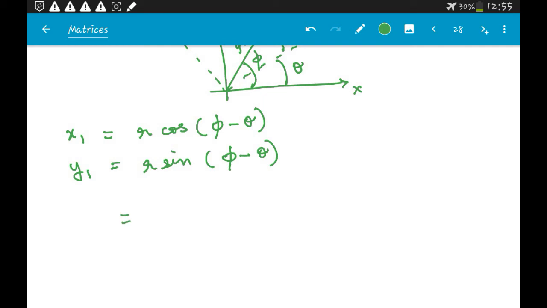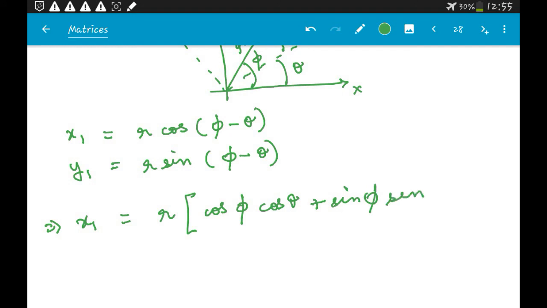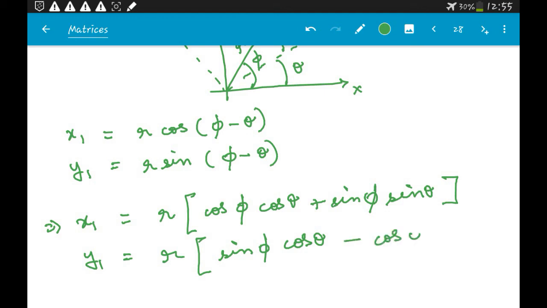So this will be r into (cos phi cos theta plus sine phi sine theta), and y1 is r into (sine phi cos theta minus cos phi sine theta).